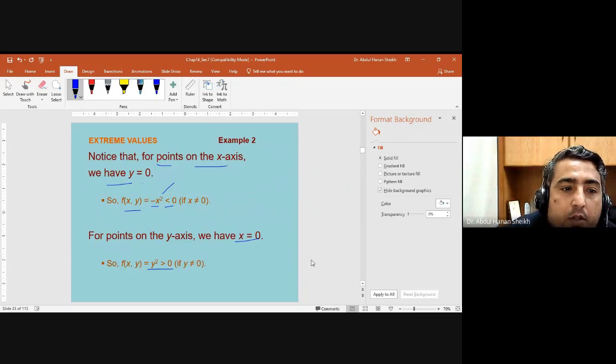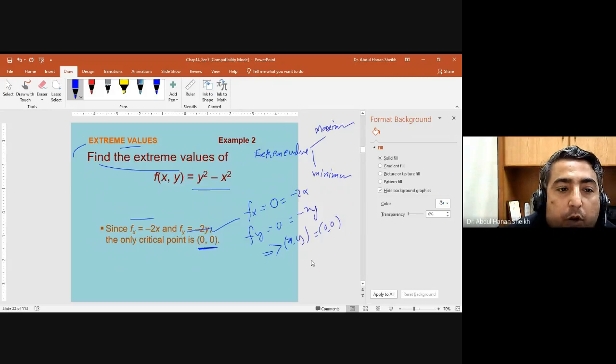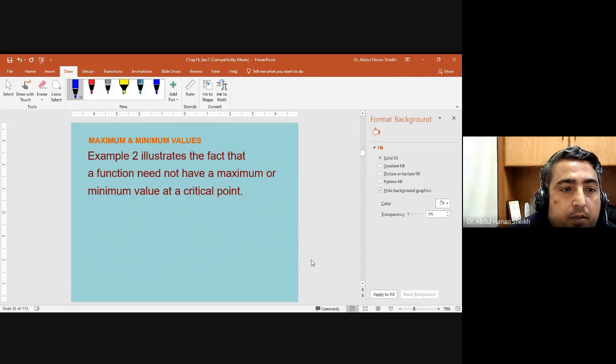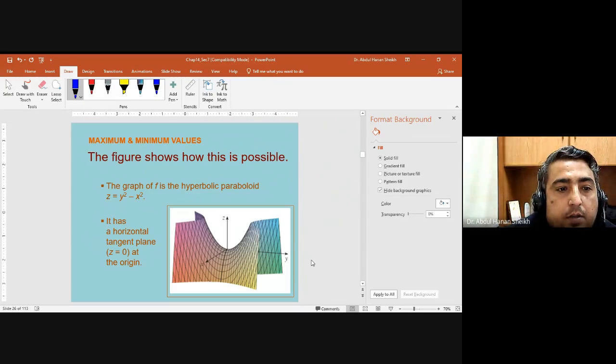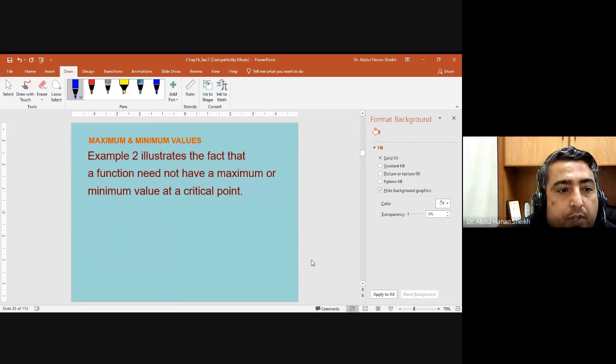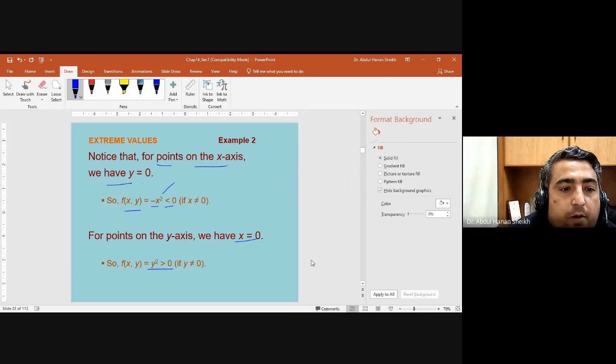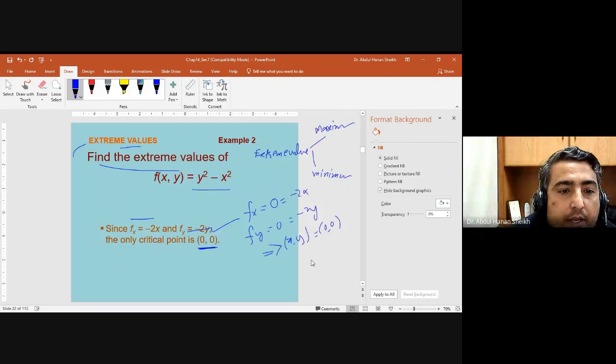So if you plot this function, you will find that, okay, maybe it's plotted here. The illustration shows a function need not have a maximum or a minimum at a critical value. So y square minus x square, give me a minute, I will check it.